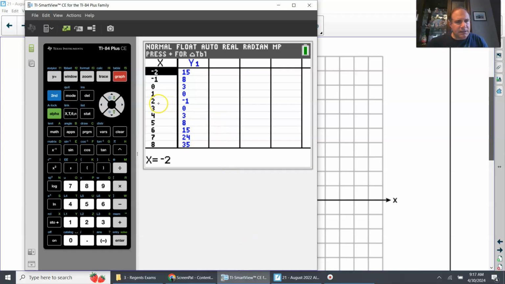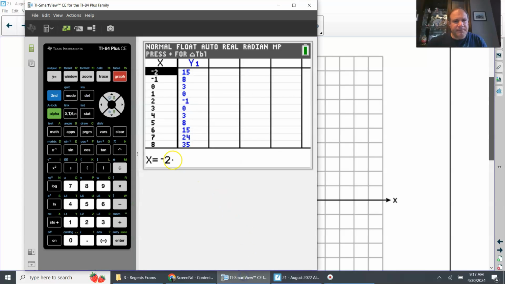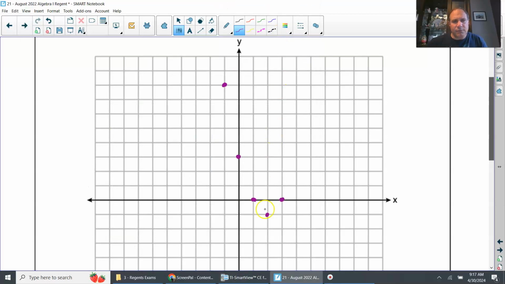And you see that 2, negative 1, and 3, 0 come next, just like that. And then 4, 3, and 5, 8. And just like that, you graph it.